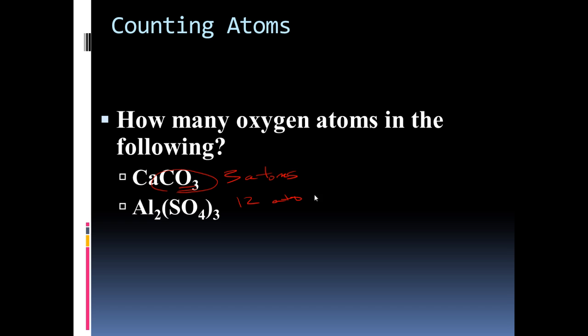Hopefully you got 12 atoms. The 4 and the 3 multiply. This is the same as saying that I have aluminum, and I have that SO4 group 3 times, so it's the 4 oxygens added up 3 times.